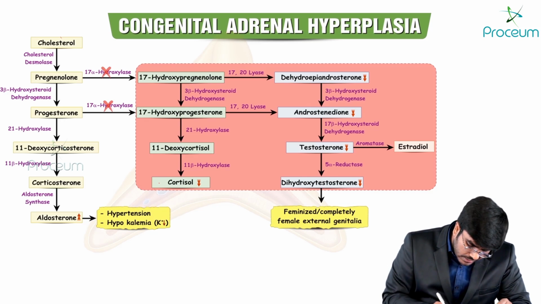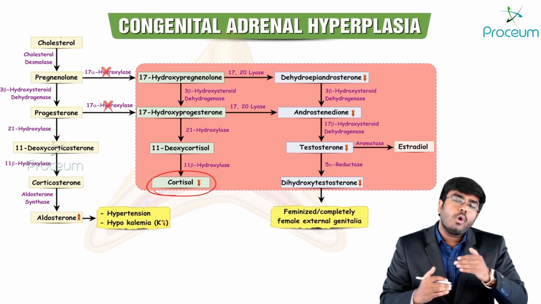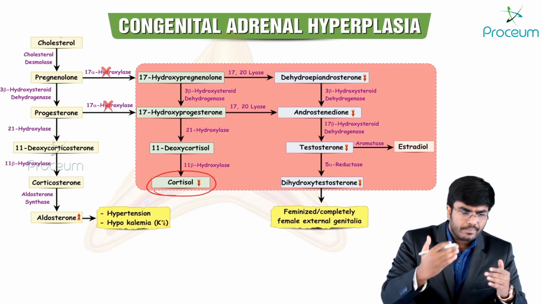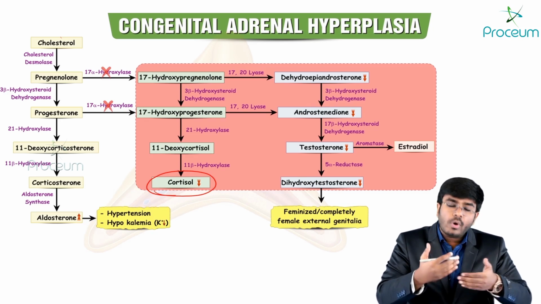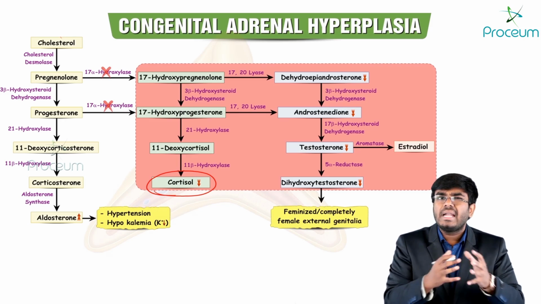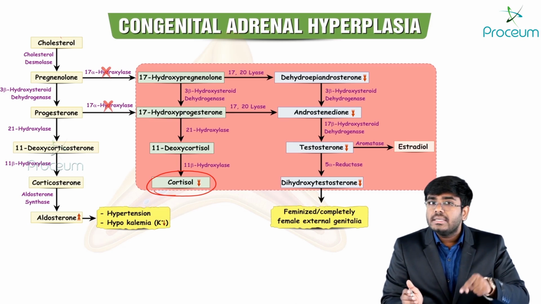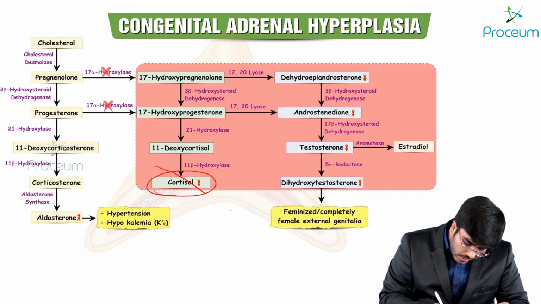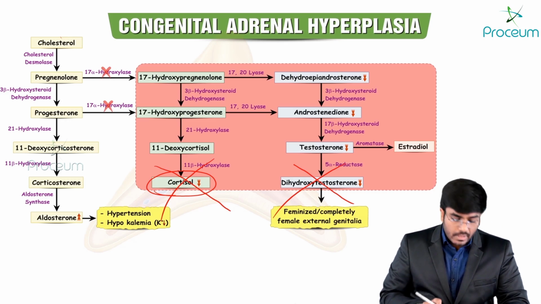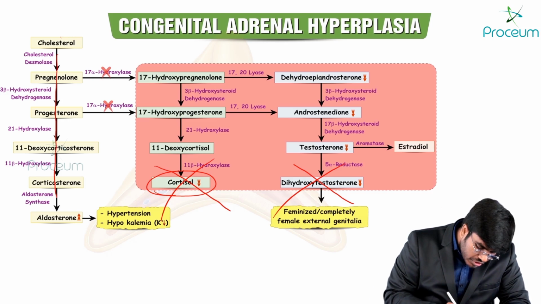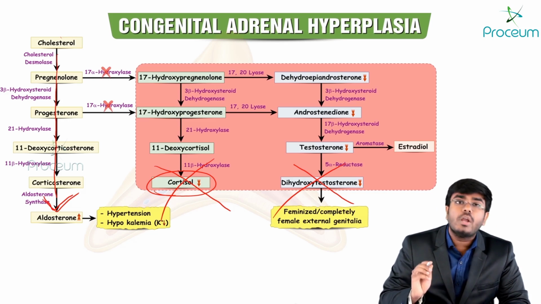If there is no cortisol, it's very clear that there is no negative feedback on the pituitary gland. Again, more ACTH, and that more ACTH will cause adrenal hyperplasia. So, congenital adrenal hyperplasia. But here, if you see, not only is cortisol going down, androgens are also going down. The whole pathway is now shunted towards the production of aldosterone.